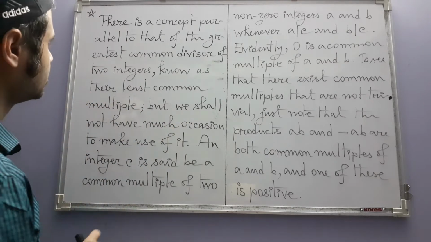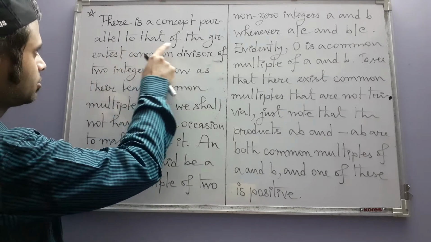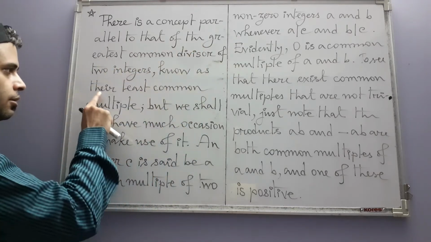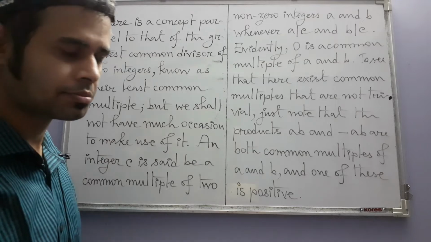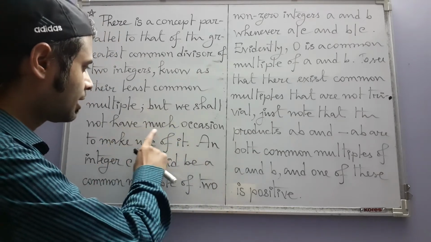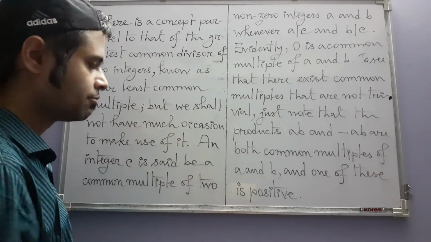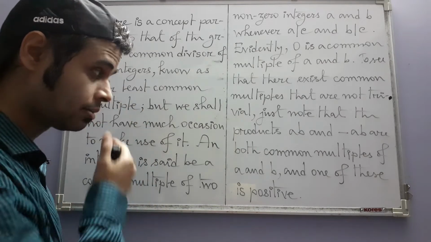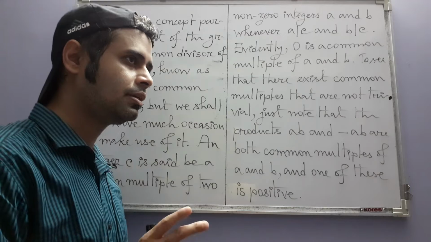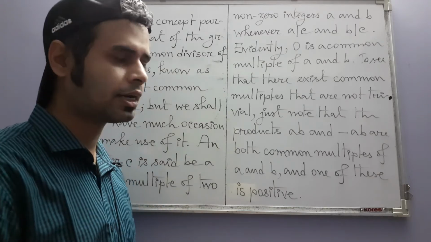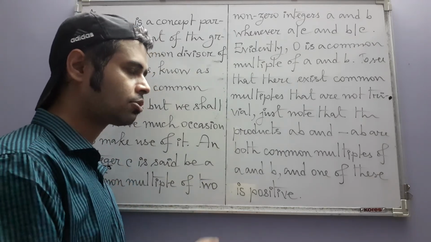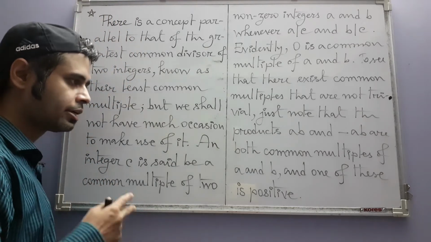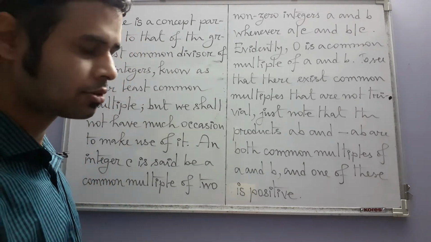The author says there is a concept parallel to that of greatest common divisor of two integers, known as their least common multiple, but we shall not have much occasion to make use of it. The reason for that is that LCM and GCD are related, so that if you know the GCD, you automatically know the LCM. Anyway, so let's see what the notion of LCM is all about.